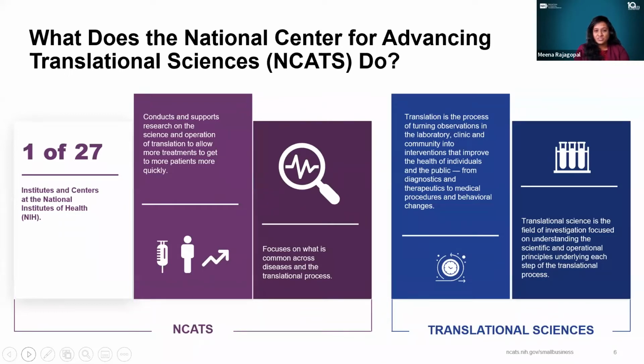We promote research to identify and mitigate bottlenecks in translational science pipeline so that more treatment options are available to more patients more rapidly. Towards this, we have a number of initiatives, but for the purposes of today's talk, I'm going to just talk about the small business program. Can we go to the next slide, please?